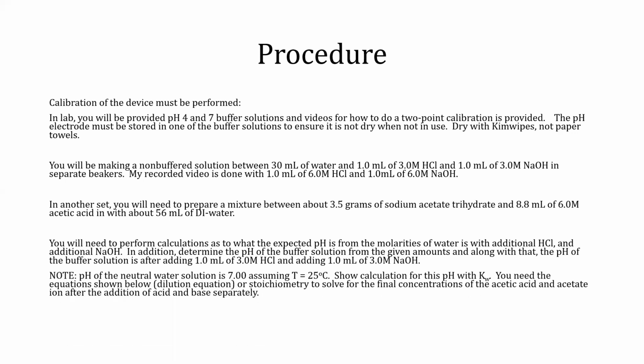Note, pH of the neutral water solution is 7, assuming T equals 25 C. Show calculating for this pH with Kw. You need the equations shown below, dilution equation, or stoichiometry to solve for the final concentrations of the acetic acid and acetate ion after the addition of acid and base separately. Think of what errors could there be if you are doing this lab in explaining the differences in pH.